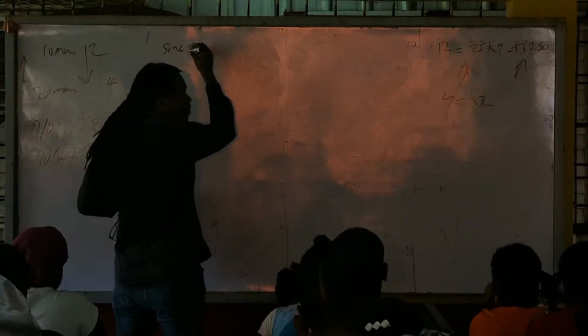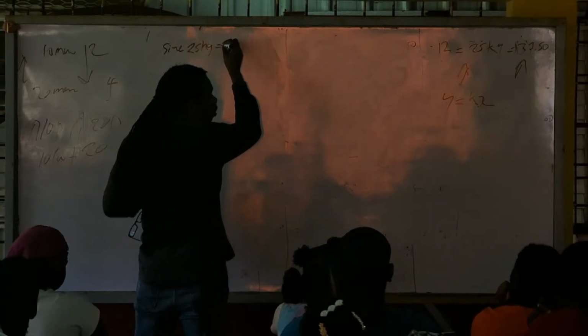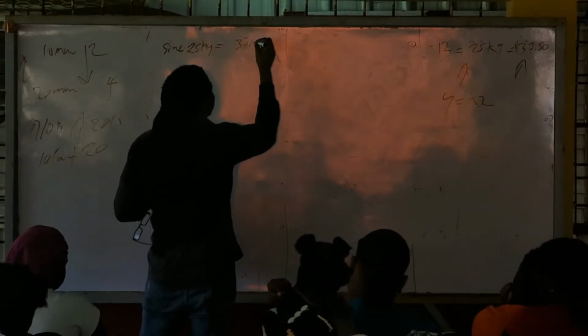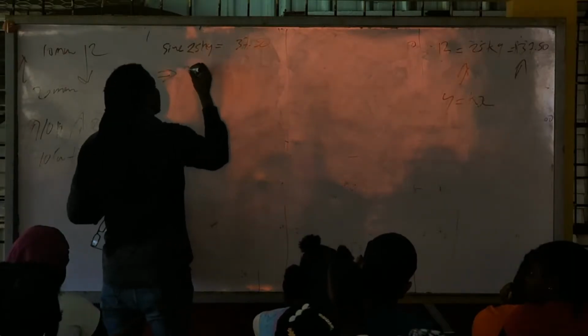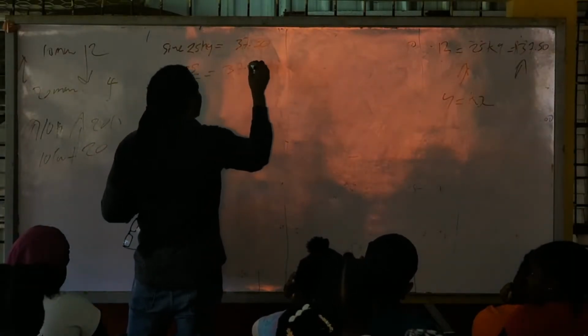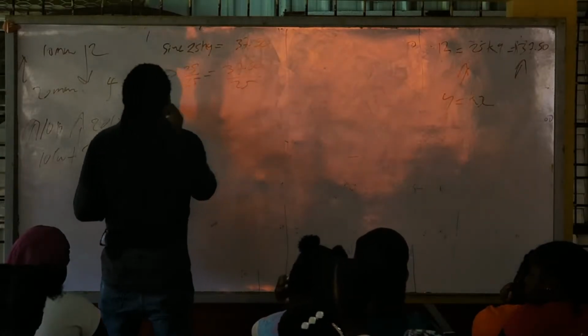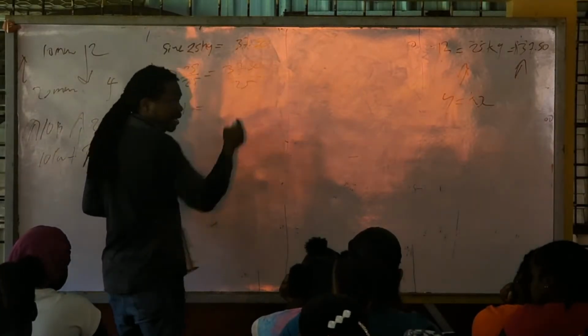Look on the board. 25 kg equals $37.50. It implies 25 over 25 equals 37.50 over 25. It implies 1 kg equals, work that out for me.